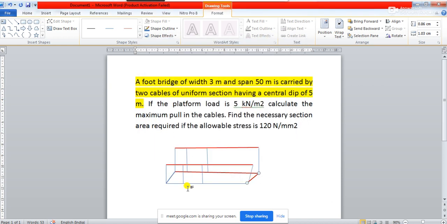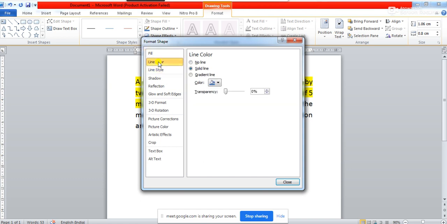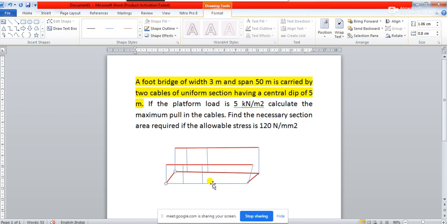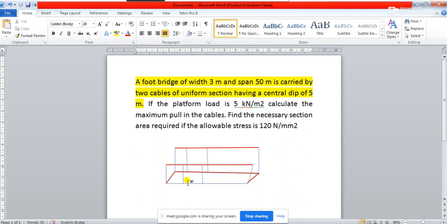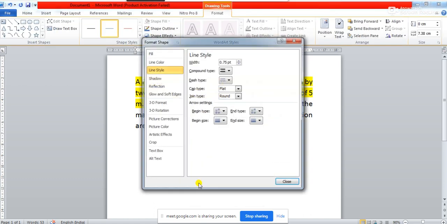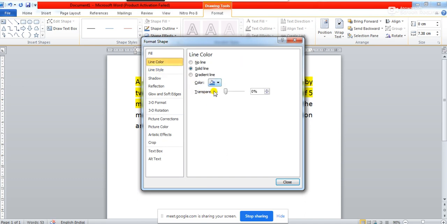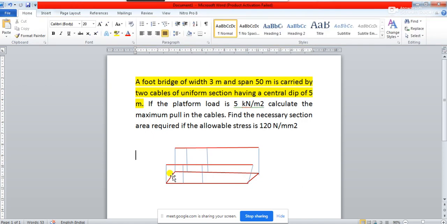Just have patience, okay? Let me color it, otherwise you will not understand. Is it okay? So see, this is your deck of the bridge. Whatever color I have shown you just now, this is your deck of the bridge.